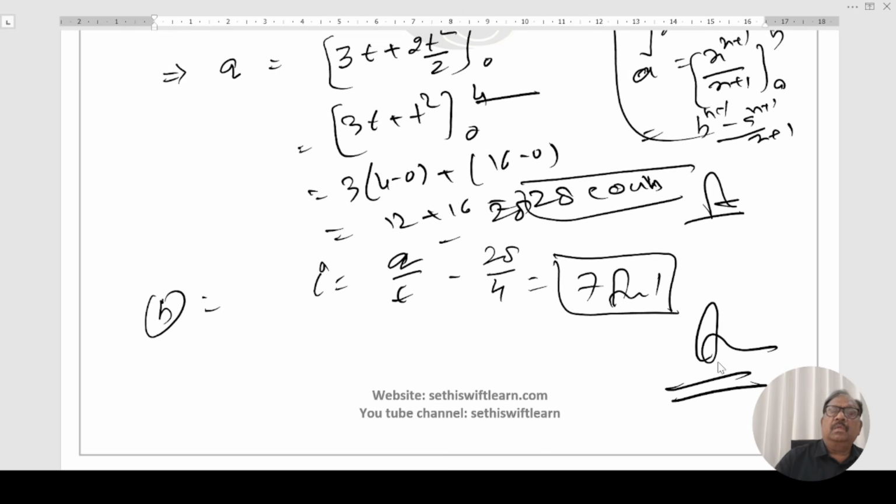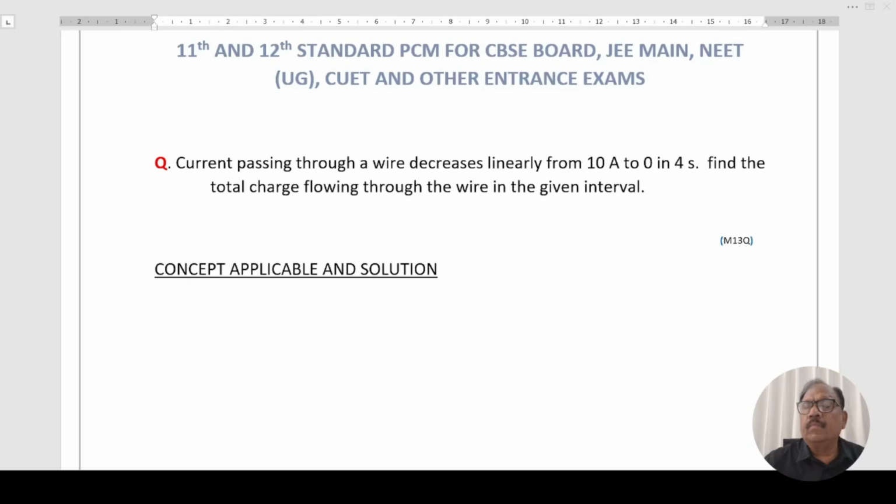Right? Now, next question. Question is, current passing through a wire decreases linearly from 10 ampere to 0 in 4 seconds. Find the total charge flowing through the wire in the given interval. It is decreasing linearly.